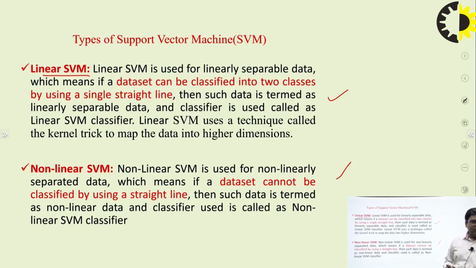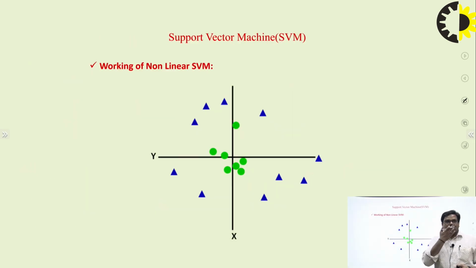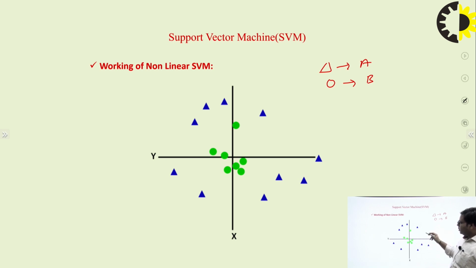So how do we deal with this? Let's understand the non-linear issue. Already I told you, if there are 2 classes, suppose the blue points are for class A and the green circles belong to class B. We plotted all these points in a 2-dimensional space, X and Y. We are unable to draw a straight line which could separate all the data points into separate classes.